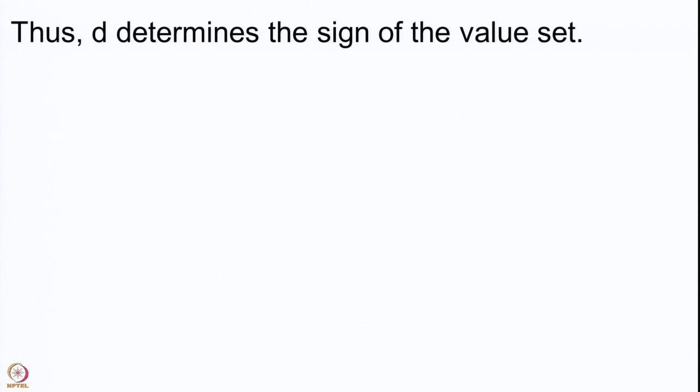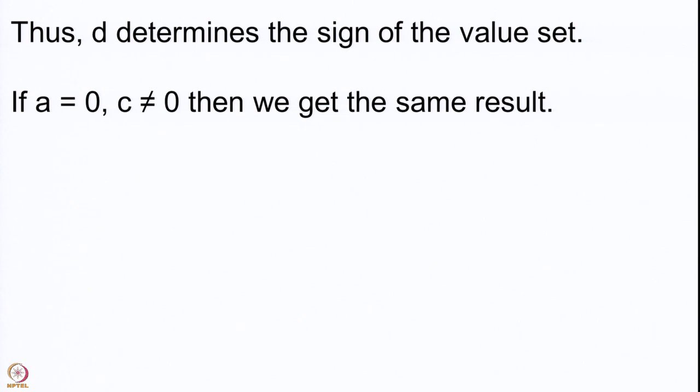But remember that we had one assumption in the last slide, that A is not 0. If your A happens to be 0, assume that C is non-zero. So in the case that A is 0 and C is non-zero, we get the same result.